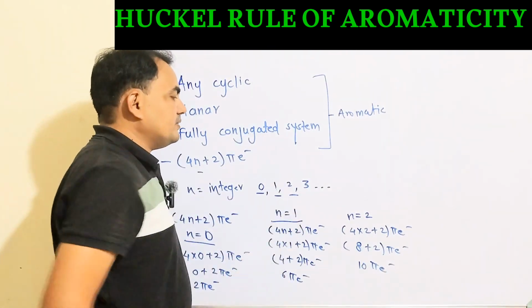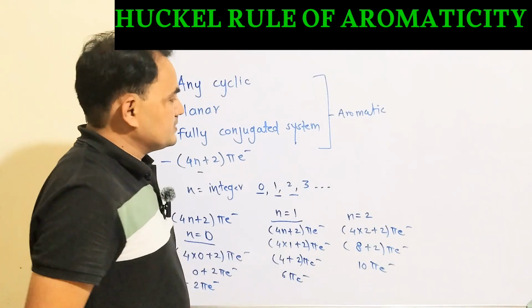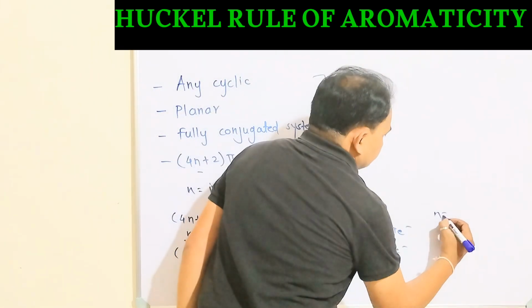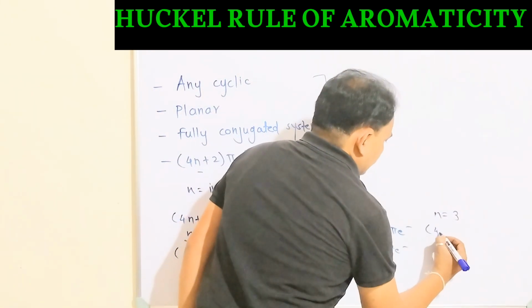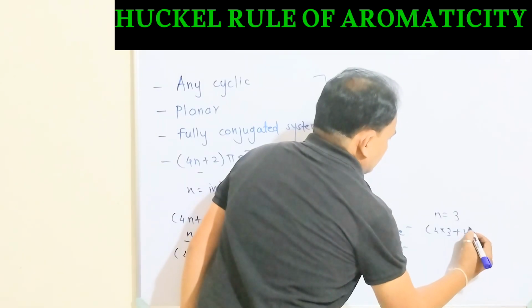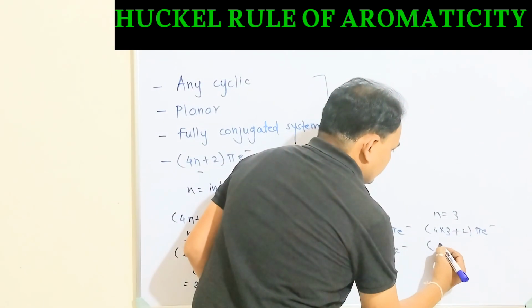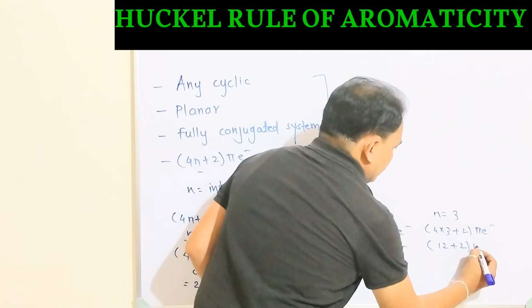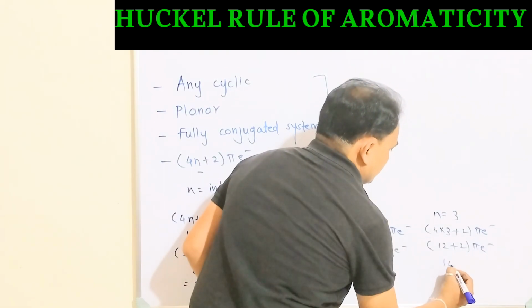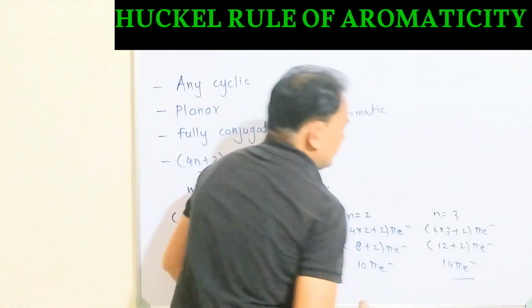In this way we can put the values, suppose n as 3, then 4 into 3 plus 2 means 12 plus 2, that is 14 pi electrons.